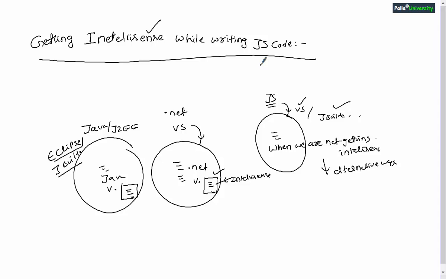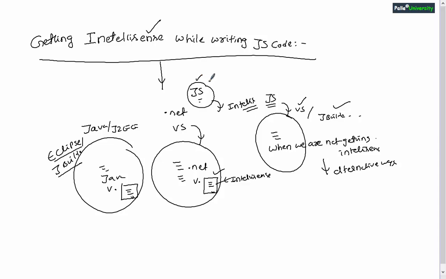Remember one important point. In many cases I observed many of my colleagues and even many of the students who are learning a course in Polytechnologies or Poly University are really afraid of writing JavaScript code because they will not be getting IntelliSense support in many cases. That is the reason why even many experienced professionals feel that JavaScript is complex.